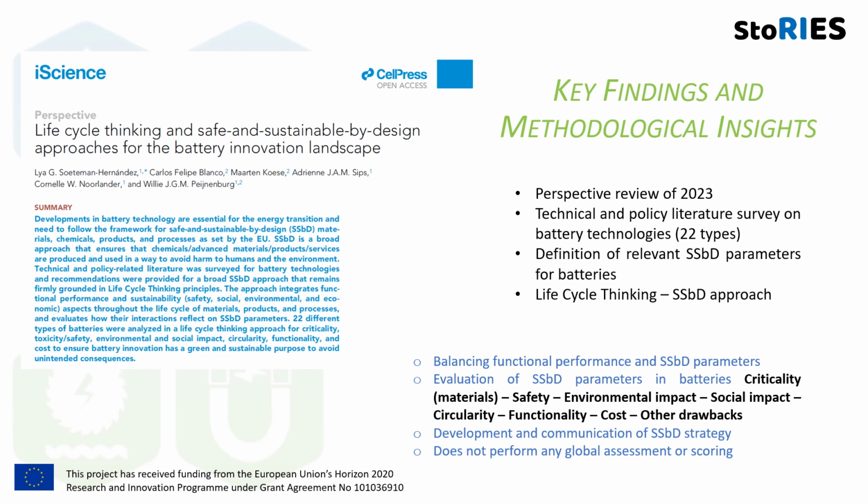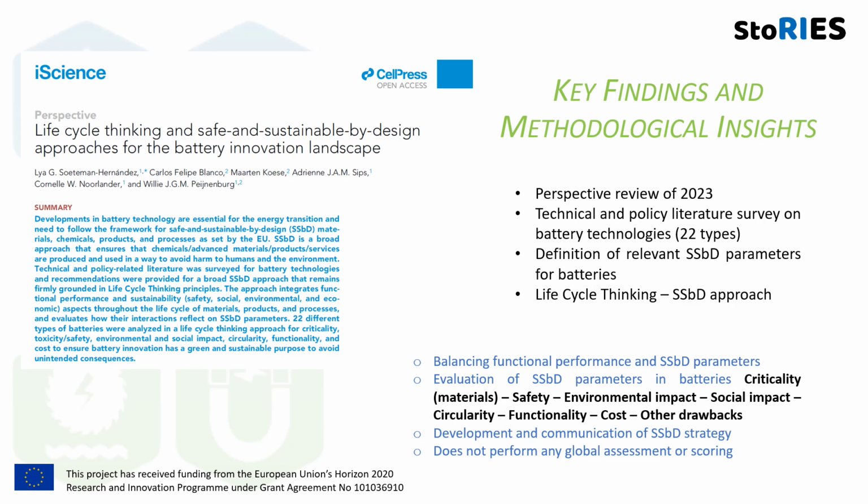They also try to develop some strategies and ways to communicate the results of safe and sustainable by design of batteries, but essentially they don't perform any global assessment or any scoring between these 22 types of batteries. They just try to find which are the parameters and the criteria to be met for an SSPD assessment of these energy items.